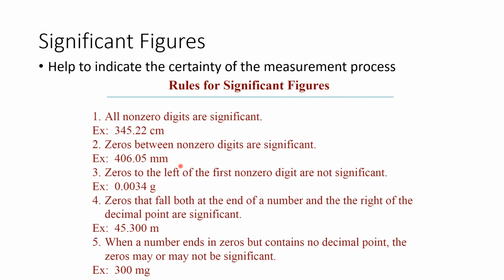But when we look at values that contain zeros, depending on where that zero is located, depending on the context in which it's located in that value, it may or may not be significant. So if we look at the second rule there, zeros between non-zero digits are significant.